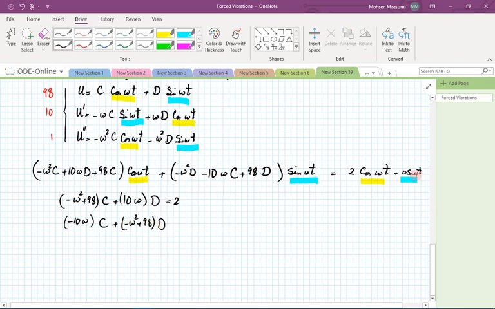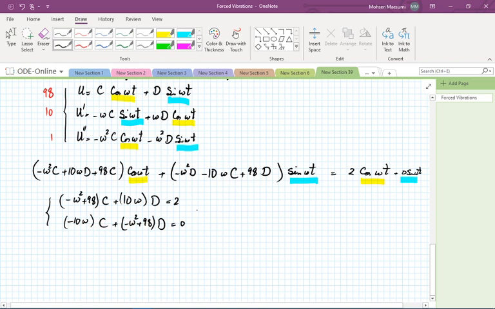All of that has to match the sine on the other side. There's no sine on the other side, so this has to be matching 0. One more time. Remember, in your original problem, omega is a 2, so this would have read minus 20c plus, and then this is 4, and 98 makes it 94d equal to 0, and you're solving it.